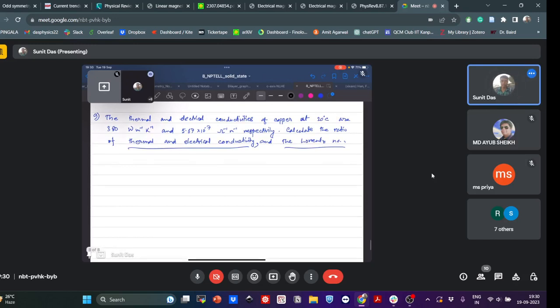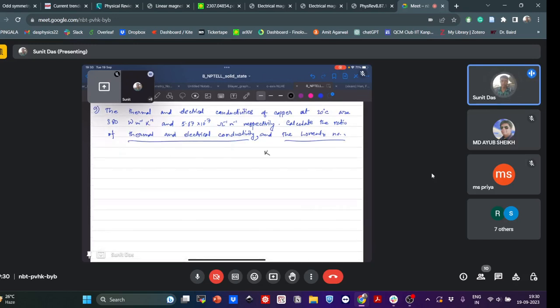Using the Sommerfeld model, we can prove that the ratio of thermal conductivity and electrical conductivity is some number into temperature, and this temperature is in Kelvin.